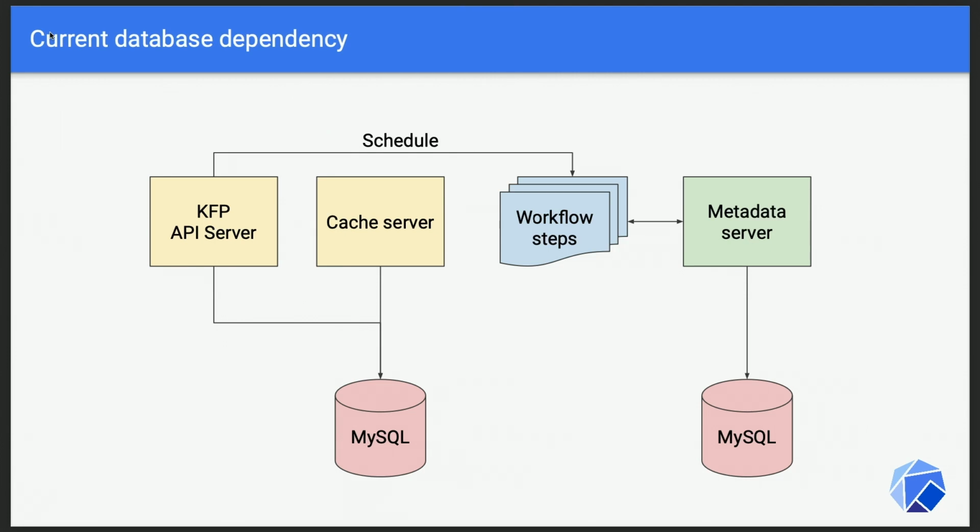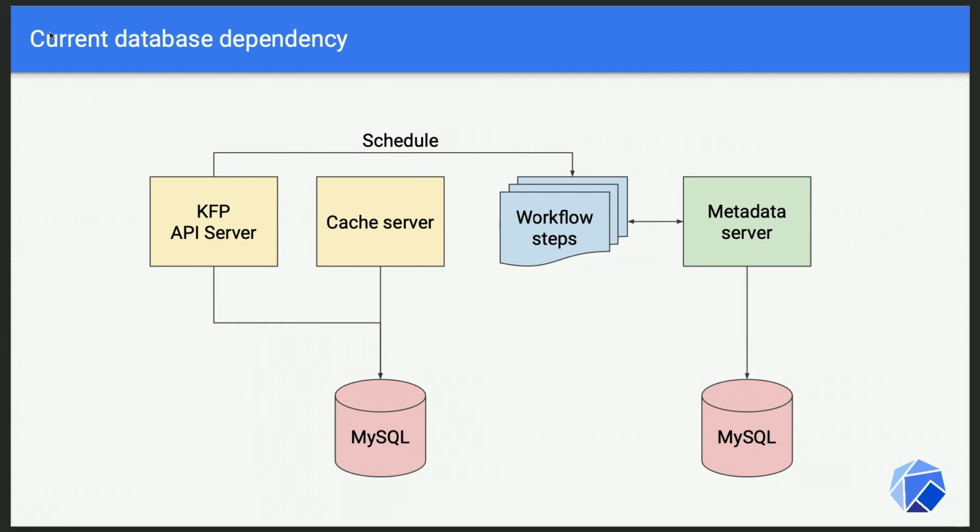On the left-hand side, we have the yellow box. These are the KFP servers: one is the KFP API server, and another is the cache server. Both of them depend on a database and its schema, and currently it is MySQL. On the right-hand side, the green box is the metadata server.